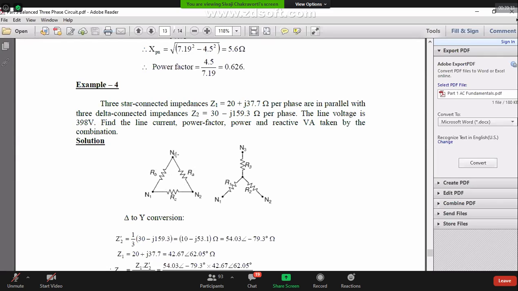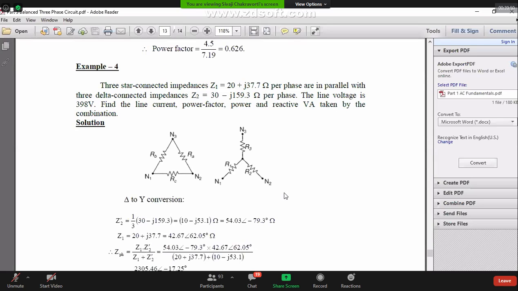I am talking about the individual resistances. So you cannot apply that parallel formula R1 R2 by R1 plus R2, because R3 is connected across N3 and neutral, whereas RA is connected across N3 and N2. So you cannot say that they are in parallel.